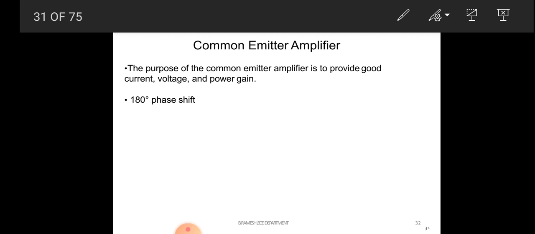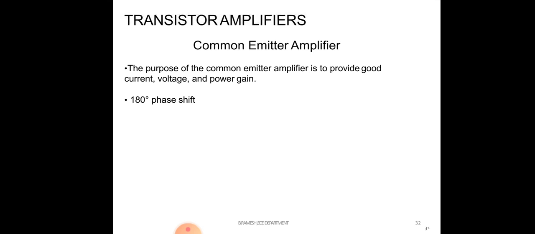So IC is equal to beta times IB. The purpose of the common emitter amplifier is to provide good current, voltage and power gain, and a 180 degrees phase shift.